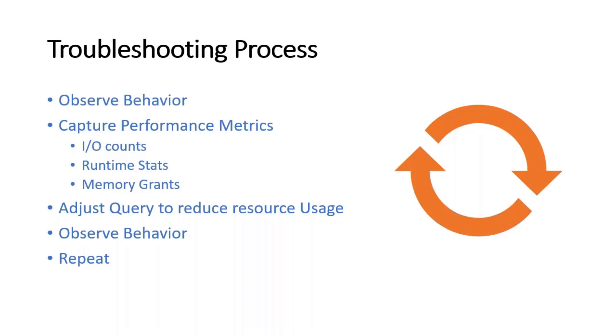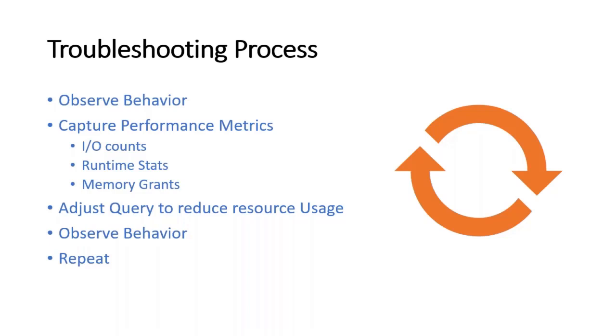In parallel, we also have to capture metrics, any kind of performance metrics related to CPU, I/O, memory usage, wait stats, etc. Then, after collecting those metrics as a baseline, we always have the base to compare the status of what we are seeing at that particular moment versus our baseline.